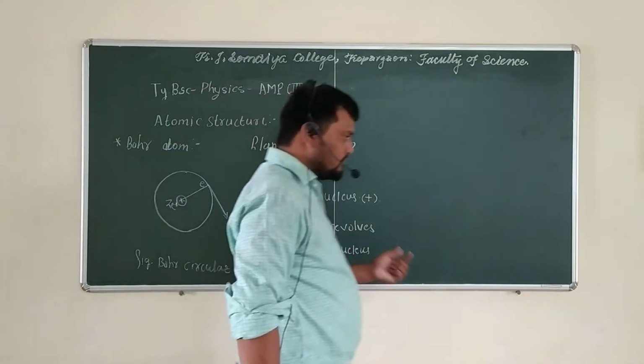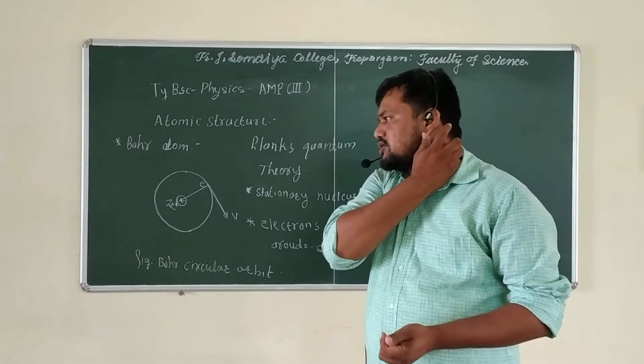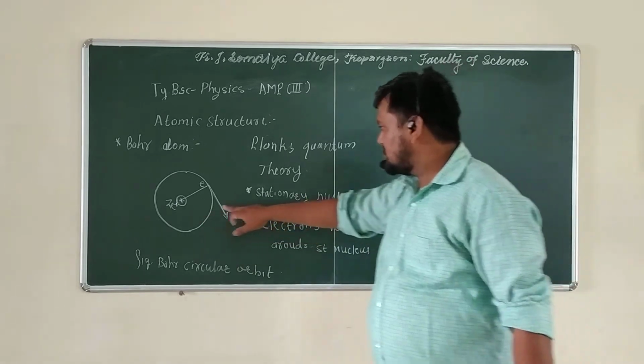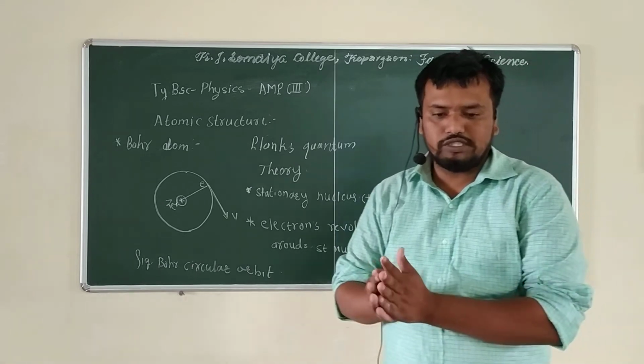He assumed that the positive charge nucleus contains a proton, and the electron revolves around it.